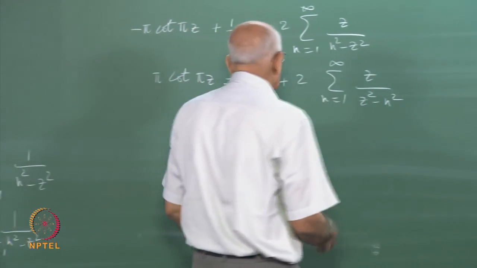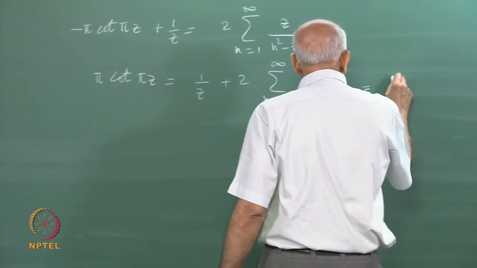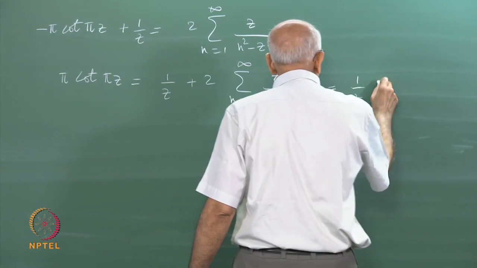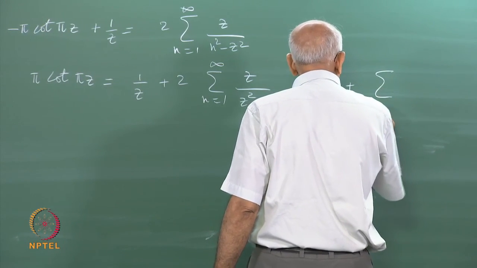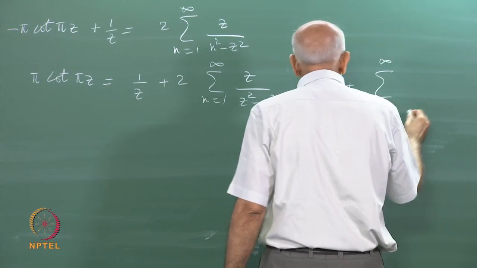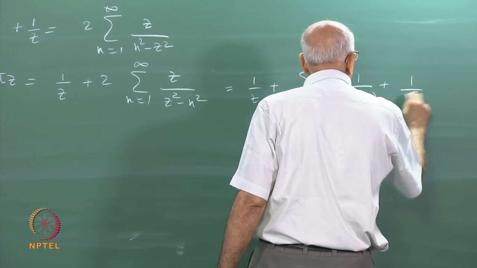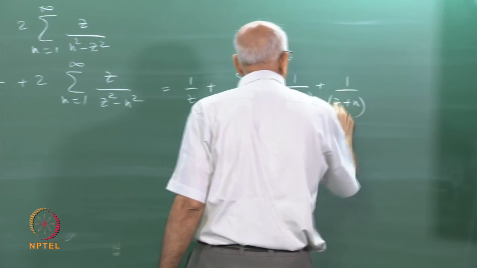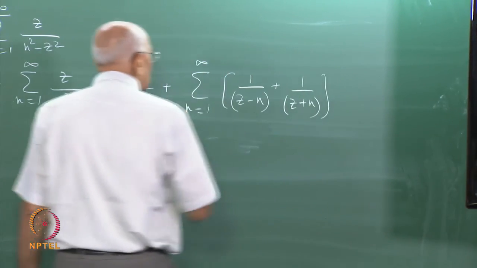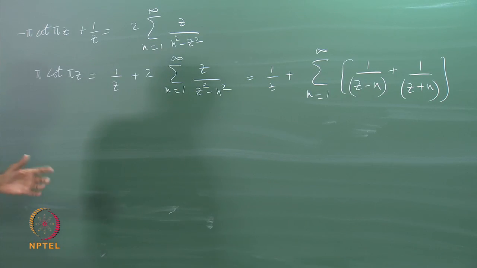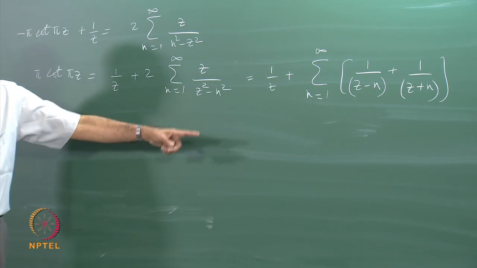So the way to do that is very obvious. This is equal to 1 over z plus summation n equal to 1 to infinity, if I write this as 1 over z minus n plus 1 over z plus n, then of course the numerator is 2z and the denominator is this guy here. Okay.